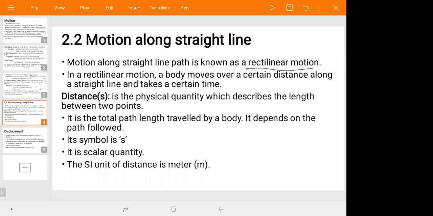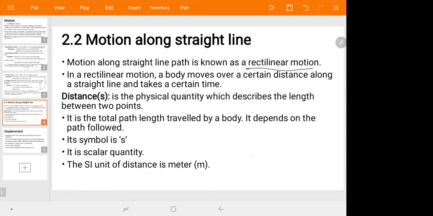Compare with this definition. Distance is the physical quantity which describes the length between 2 points. Distance is a type of length, height is a type of length, base is a type of length, width is a type of length. They are all lengths.